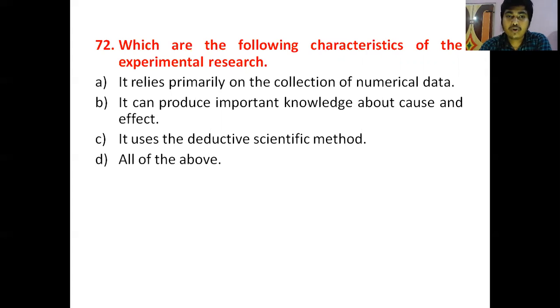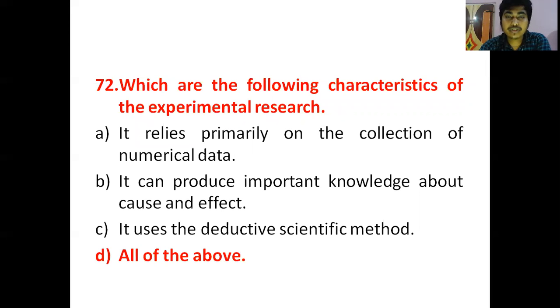So our correct answer will be all of the above, because experimental research collects numerical data, tests the cause and effect relationship of two variables, and uses the deductive approach. That means the top-down approach, going from the general to the specific. So option D is the correct answer.